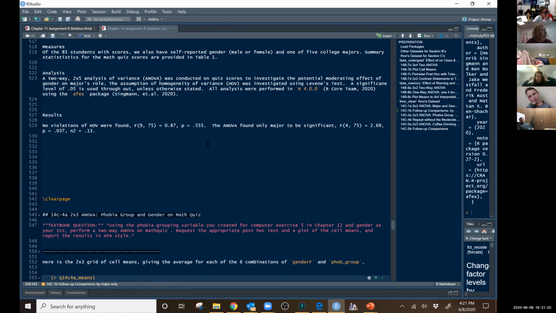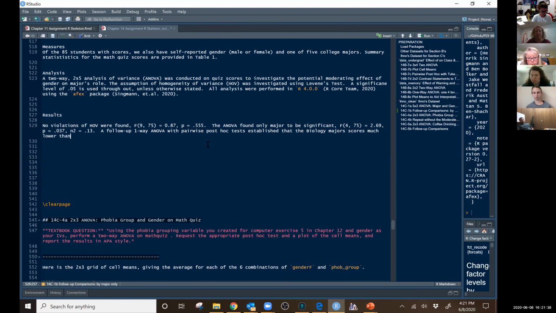Then what do we do for follow-up? A follow-up one-way ANOVA with pairwise post-hoc tests established that the biology majors scored much lower than econ.